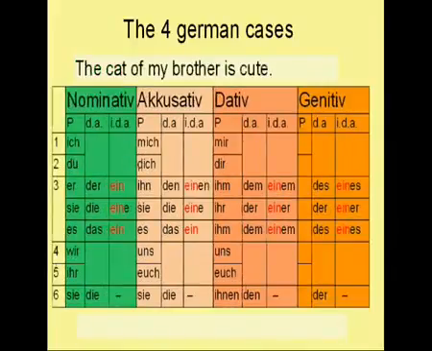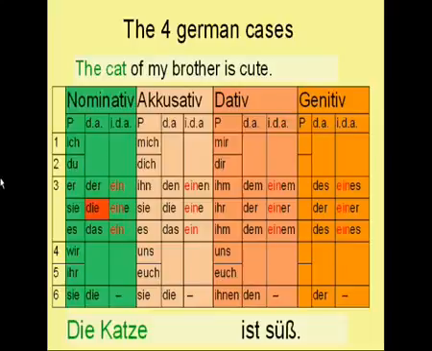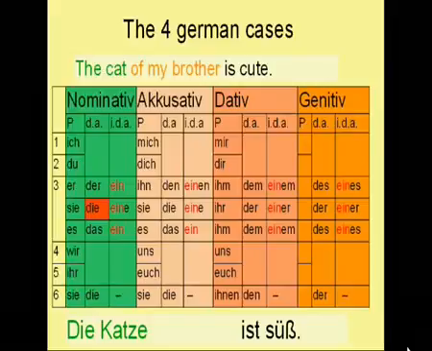Now let's take a look at the sentence The cat of my brother is cute. The cat is the subject of the sentence, therefore it's in the nominative case, and the sentence starts with Die Katze and ends with ist süß. Of my brother is in the genitive case because it indicates possession, and my brother is the possessor of the cat.